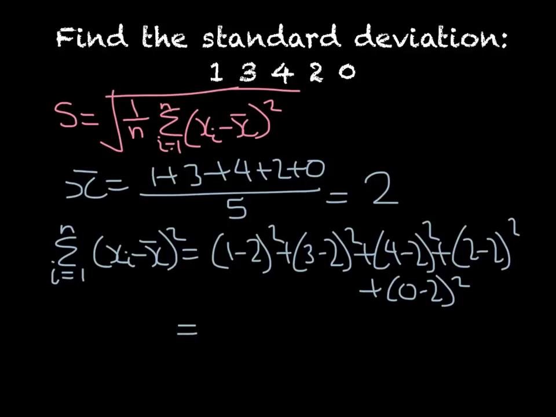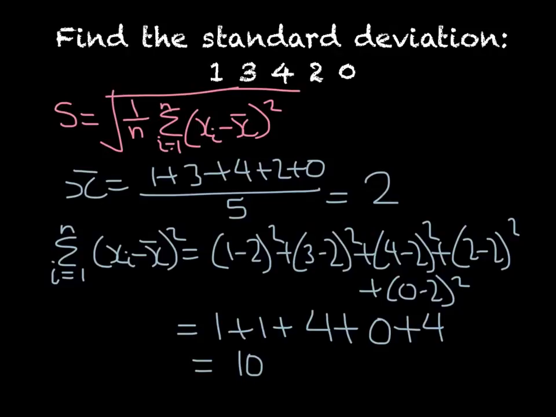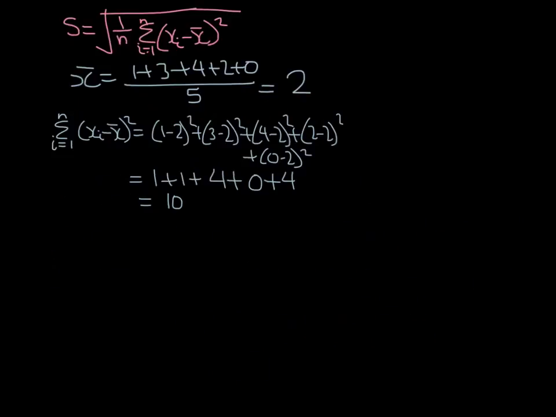So if we add up all of those, what we end up with is 1 plus 1 plus, here we have 2 squared, so that's 4, 0, and another 4, or just 10. Okay, so now we've already found this portion of the formula for the standard deviation. We can keep on going and plug in what we found here.